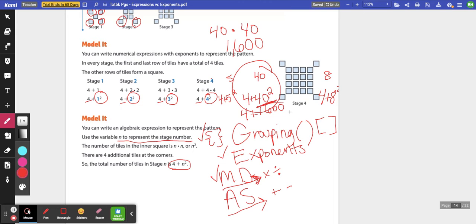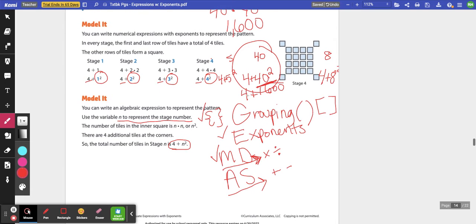In this case, there's literally only one thing, so it's 4 plus 1600. And hopefully we are able to add that together without writing anything down. So it'd be 1604 tiles at stage 40.